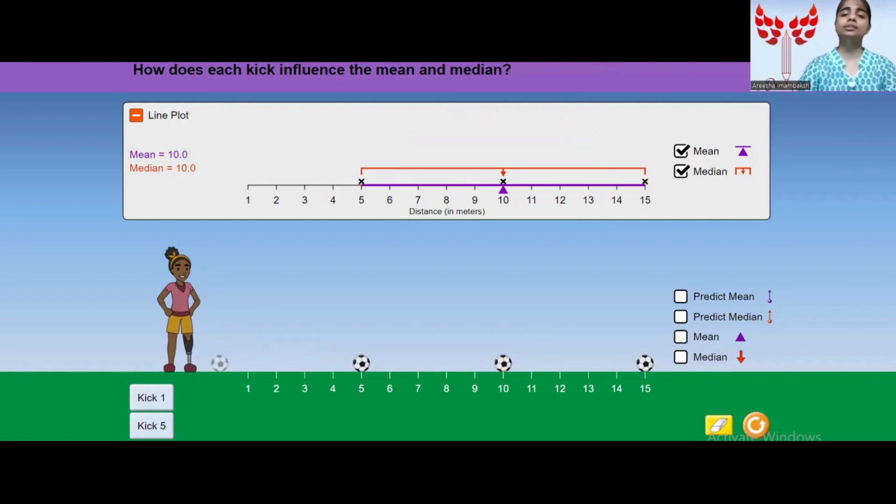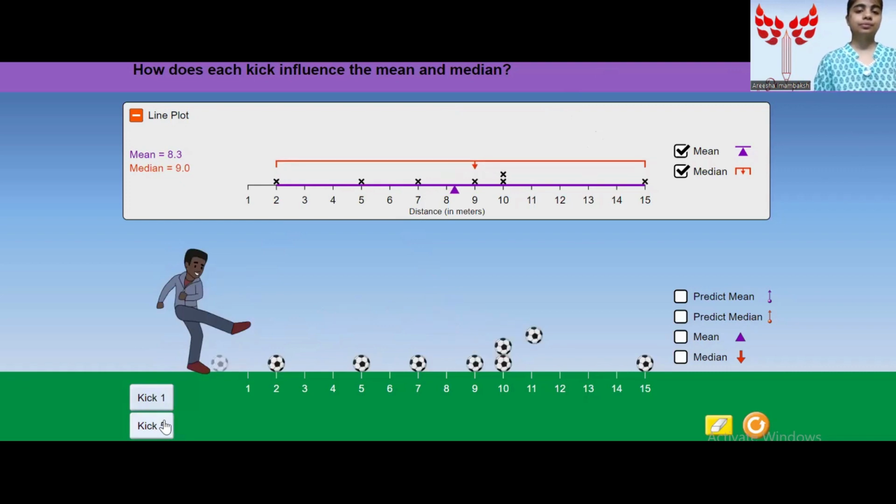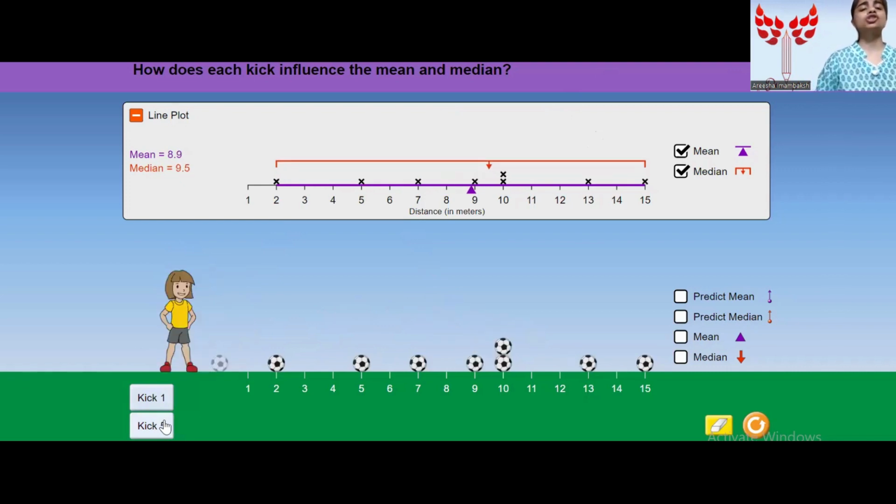Now, let's kick 5 balls together and see what happens. This is the kind of data we are getting. Now look, the mean and median are both different. Obviously, through calculation we will get different values, but here you need to understand why the values are different.